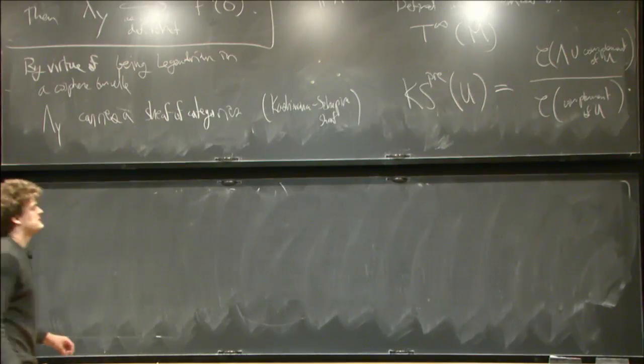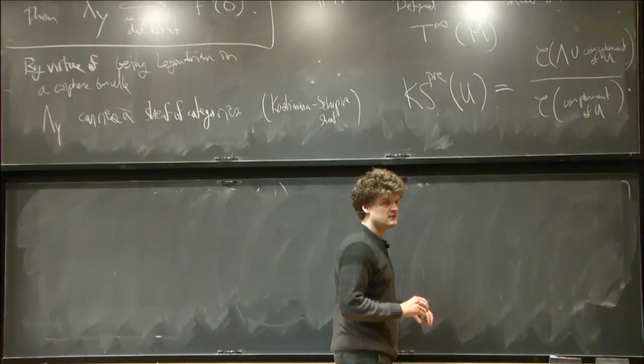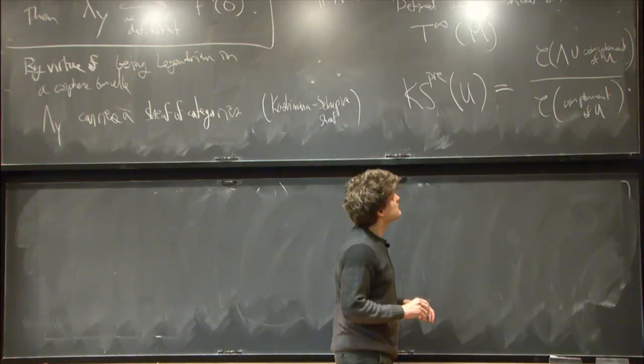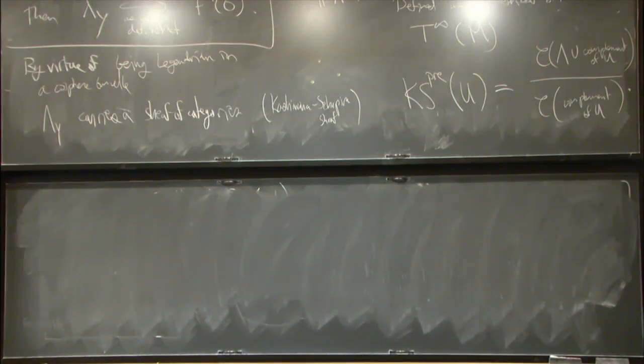What if the complement of U isn't Lagrangian? It's never Lagrangian, but it is coisotropic. So the complement of U is a big set.